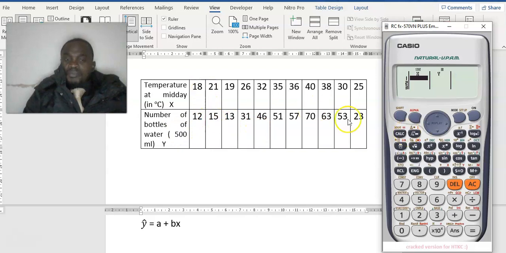So first I'm going to type my 18, then 21.